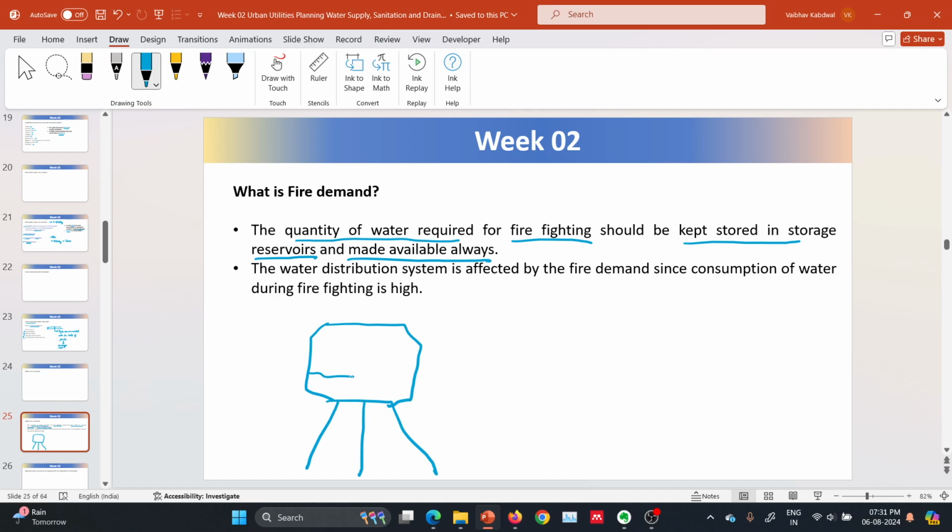So this much water should be contained every time. We will calculate it also. This much is required at every time, because of this fire demand.